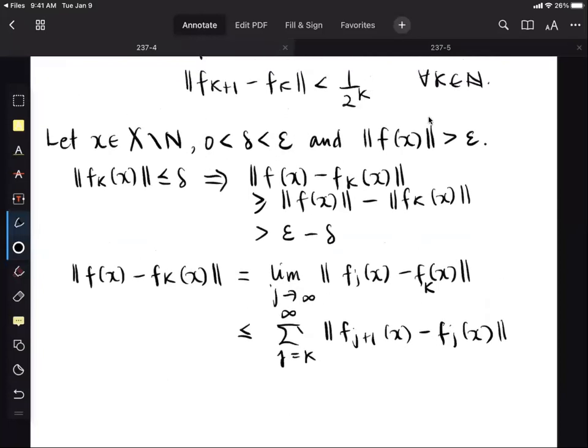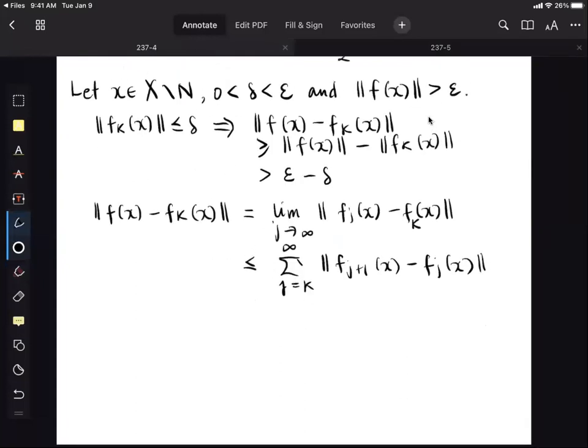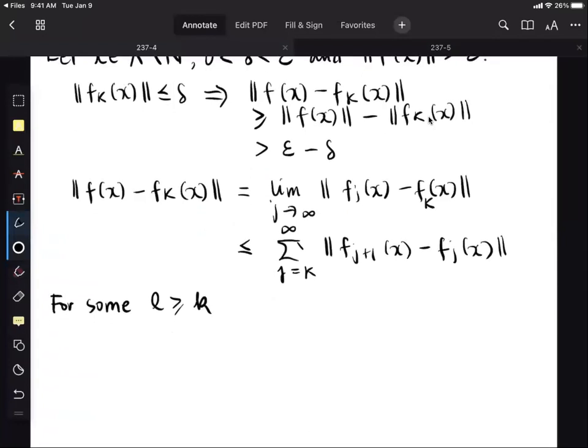Now, if you notice here, this implies that for some sufficiently large L greater than or equal to k, x would be an element of this set, A sub kL, defined to be a partial sum of the tail.